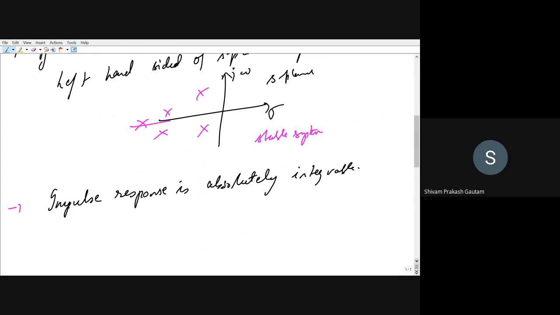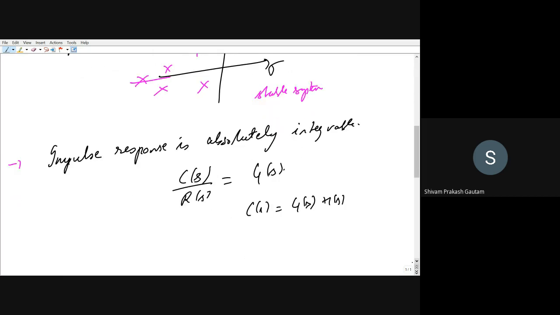For example, suppose C(s) represents the output and R(s) represents the input, and let us suppose that this is the open loop transfer function, G(s). So C(s) will be equal to G(s) into R(s).